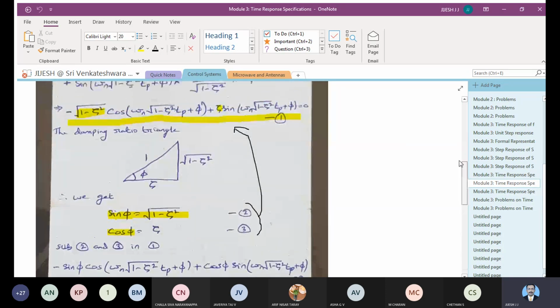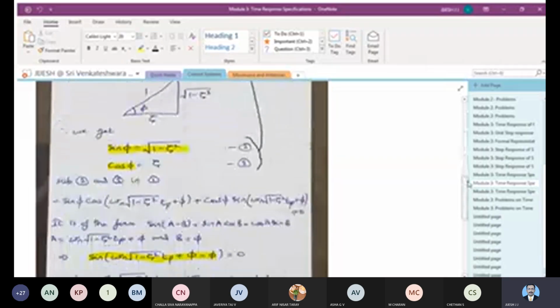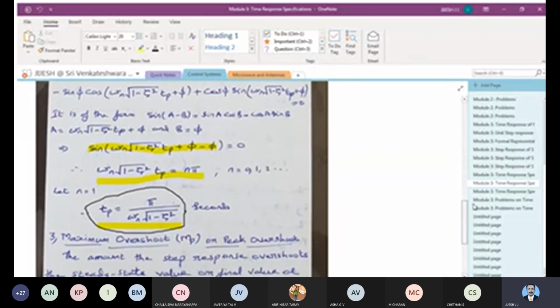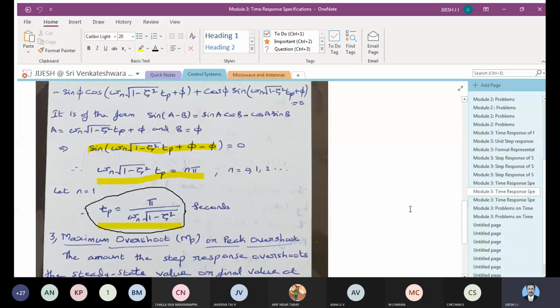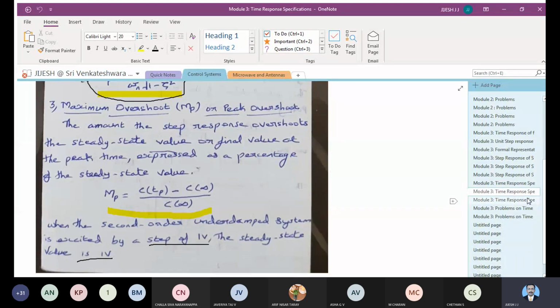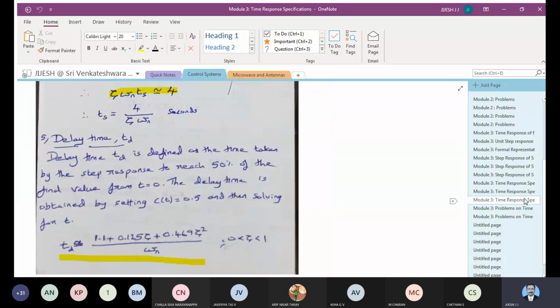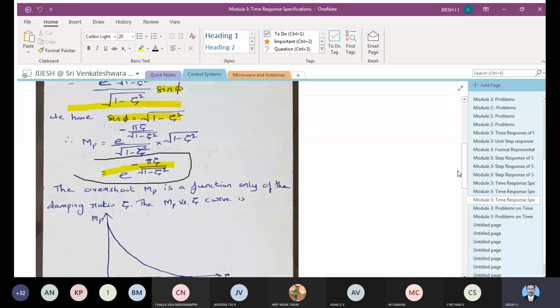The second thing we studied was peak time, and this is the equation we have to use in the problems: Tp is equal to pi by omega n root of 1 minus zeta square. The third one is maximum overshoot Mp, which is e to the power of minus pi zeta divided by root of 1 minus zeta square.